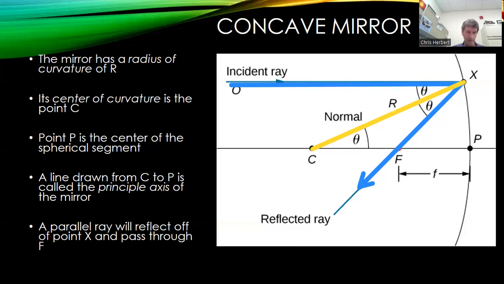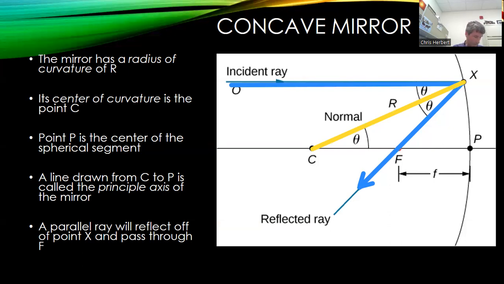So again, a line going from the center of curvature to the surface of the mirror, from C to X here, is going to represent the normal to that reflecting surface. So again, an incident ray is going to be reflected at the same angle it came in with respect to that yellow line, and therefore go through the focus.